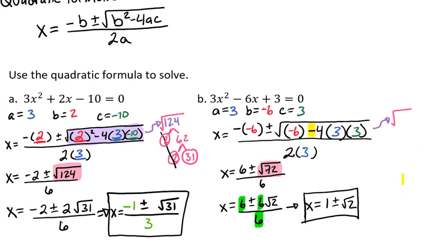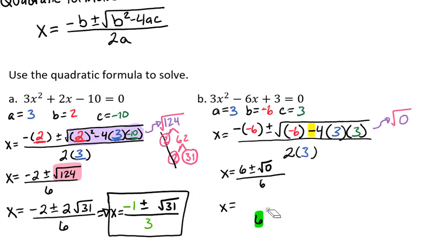We have the number 0. So notice how making a small change and not paying attention to how you're supposed to write the quadratic formula can make a big impact on your solution, because now we should have here the square root of 0. And the square root of 0 is 0. So we have 6 over 6, which is a 1. So here our answer is 1. So we'll have a repeated solution.